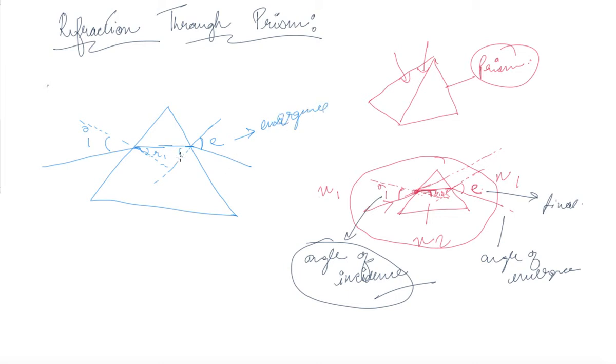And this is making another angle. Now please keep in mind, these are not vertically opposite angles. Now this is being deviated somewhat. So this angle and this angle are not equal. So let this be R2.